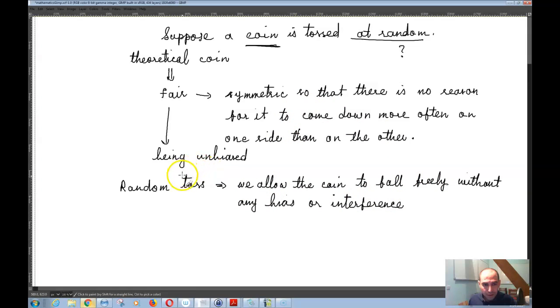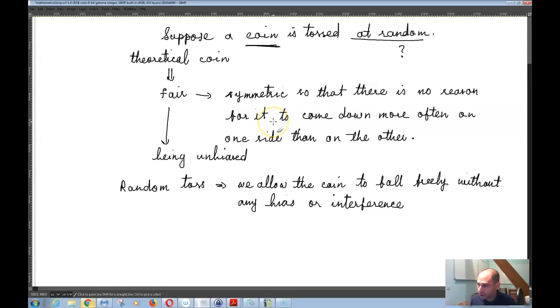meaning that the process of the coin coming down is not being influenced in any way by you or by any other person performing the experiment. So we know in advance that the coin can only land in one of the two positions, in one of the two possible ways, either heads up or tails up.